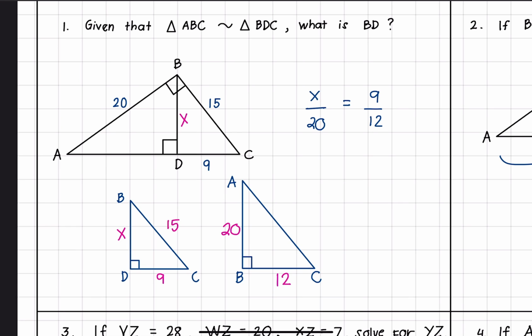Now that we have the proportion, we can now solve this using cross multiplication. X times 12 is 12x. 9 times 20 is 180. And then divide both sides by 12.